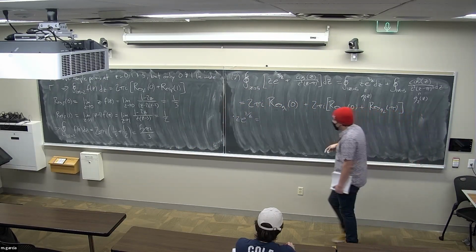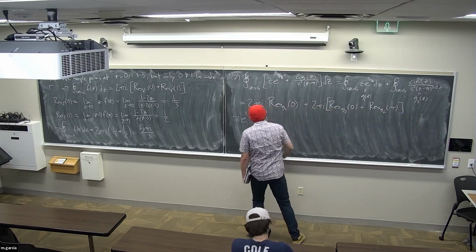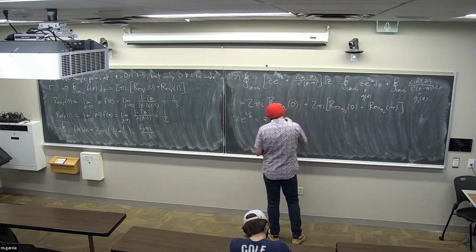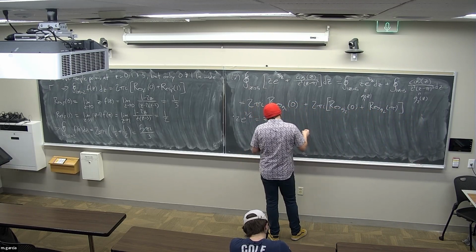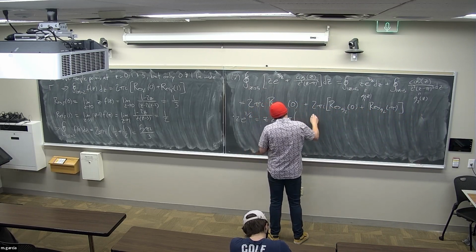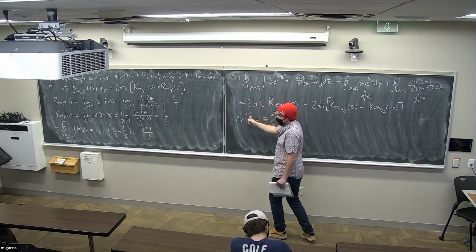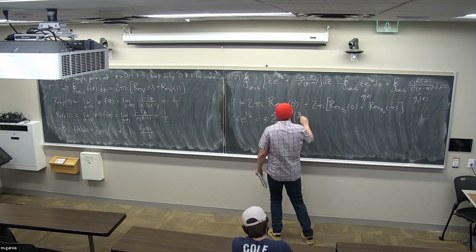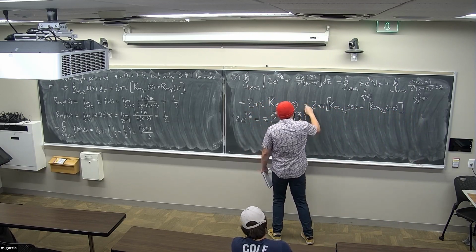So this is the same as z times the sum from j equals negative infinity to positive infinity of 1 over j factorial times, now I substitute in 3 over z instead of 1 over z, so 3 over z to the j.